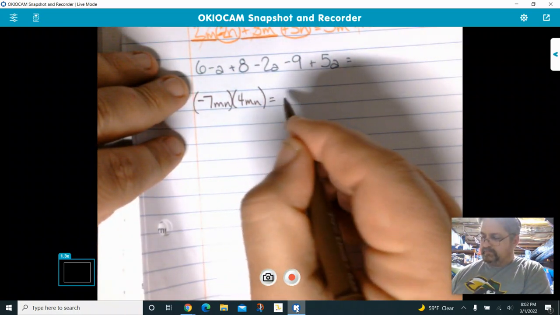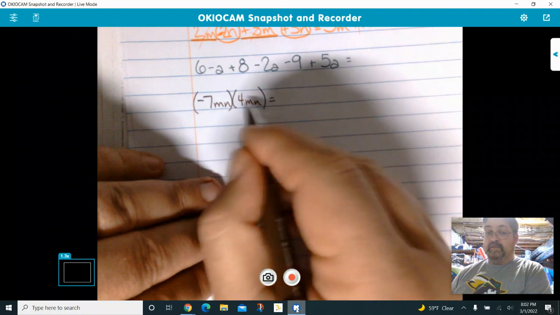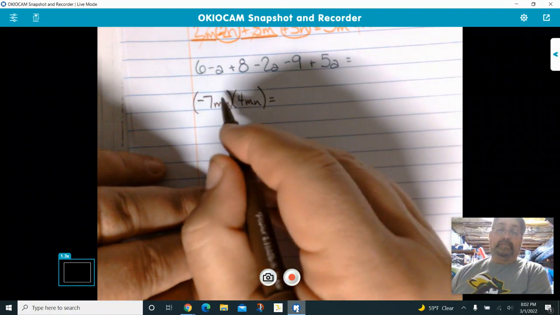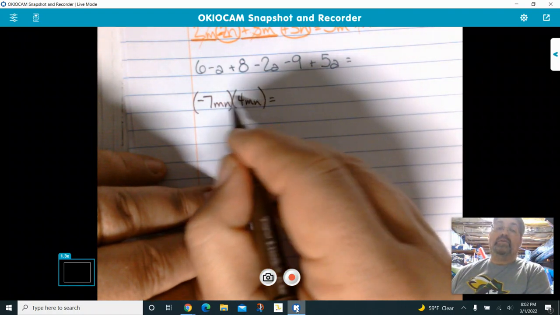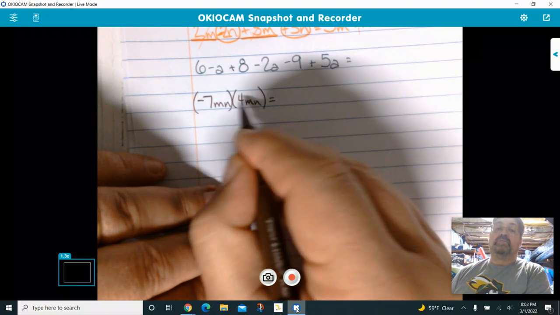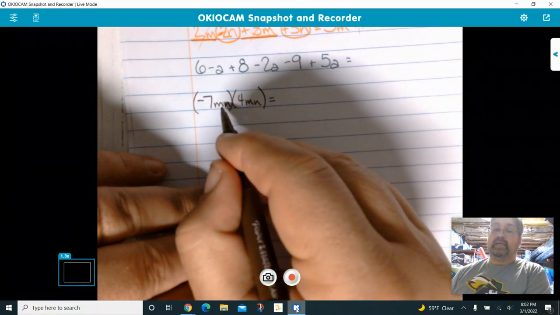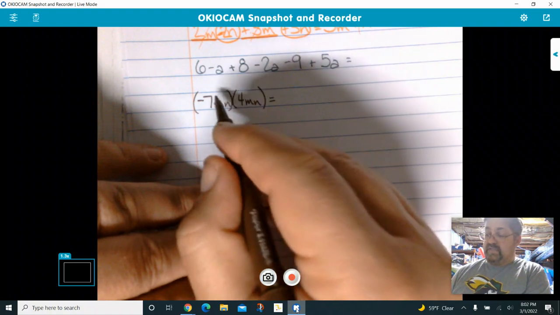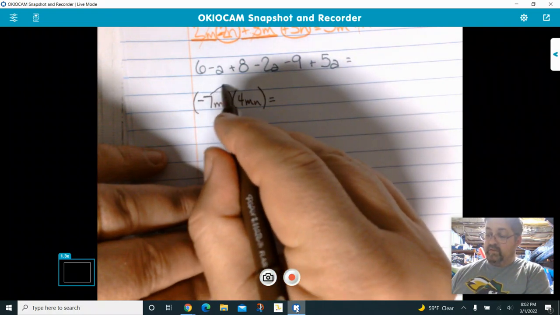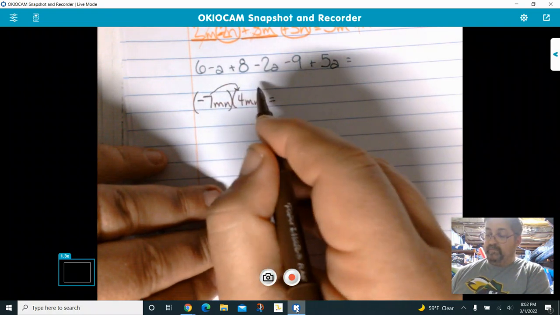Let's solve this. We're multiplying here. So when we're multiplying, we do change our variables, don't we? Yes, we do. First, we have to multiply our -7 times our 4.